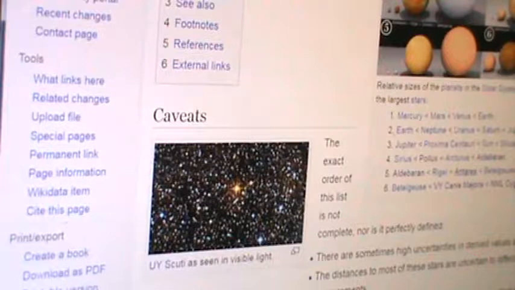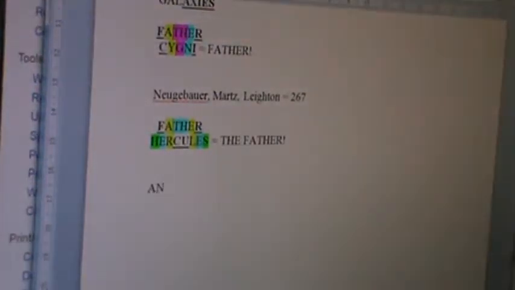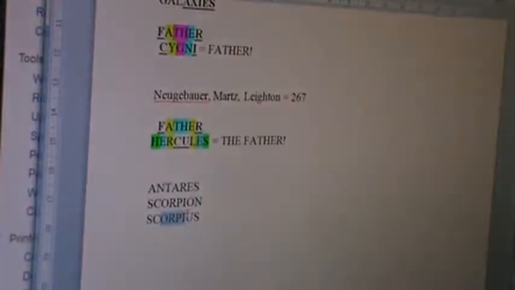Here's an actual image of it. Antares. I'm amazed. So check this out, kids. Antares, Scorpion. I don't care whether you say Scorpion or Scorpius. Father's at the dead center of both. And glaringly so, folks.